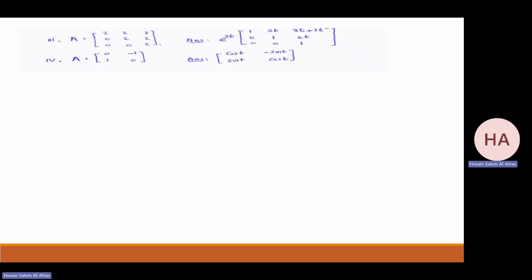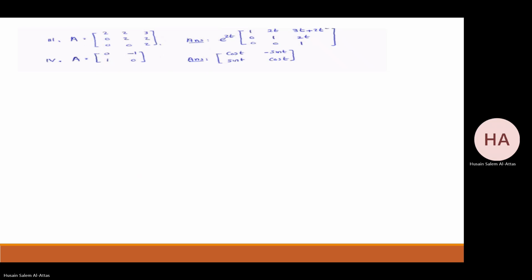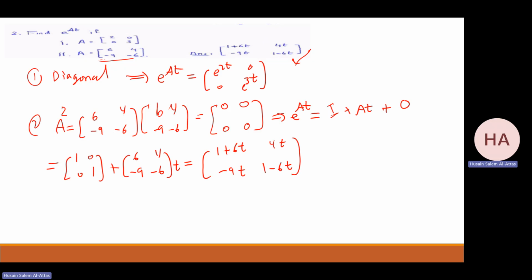Now let me do more. Need to find e to the power At. First, A is what? 2I plus this matrix, which is 0, 2, 3, 0, 0, 2, 0, 0, 0, which is in this format.